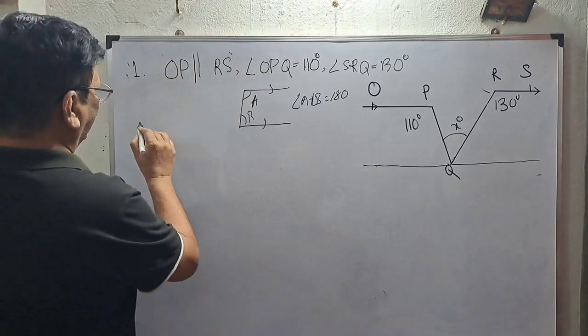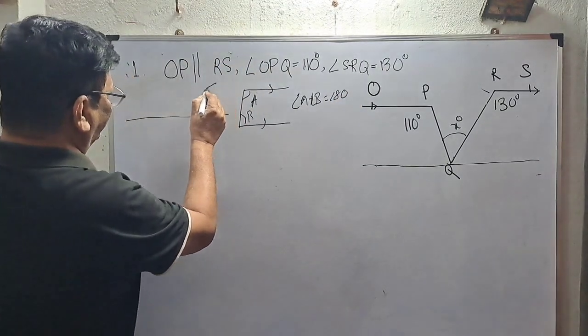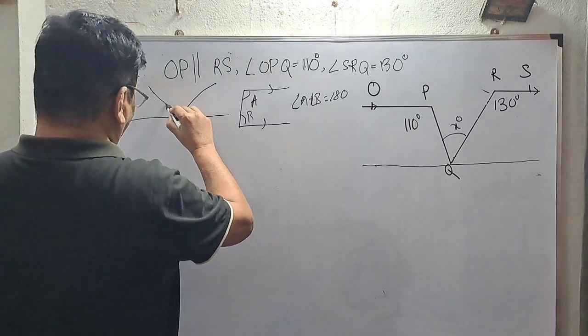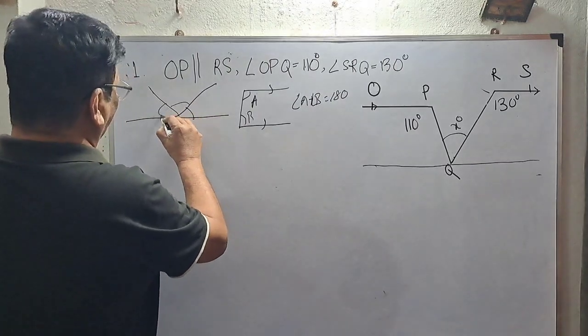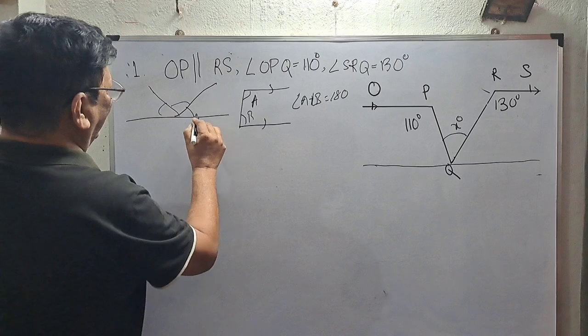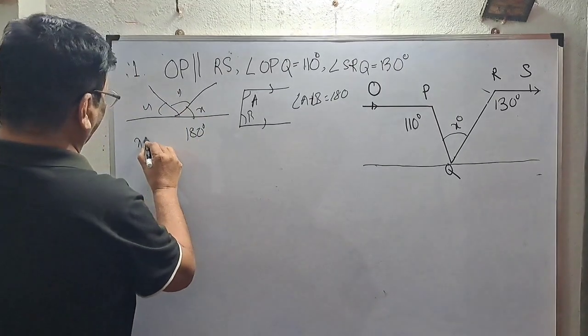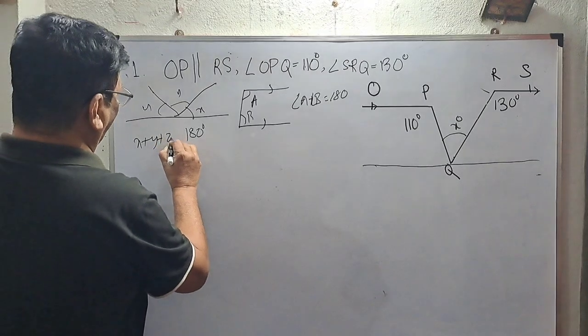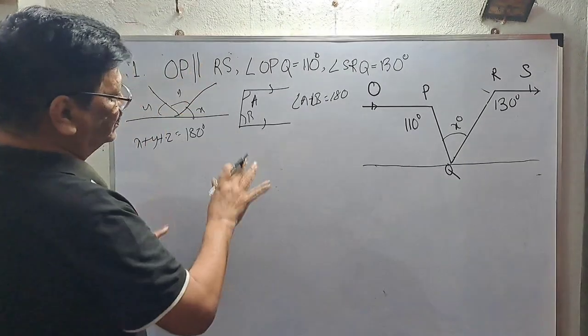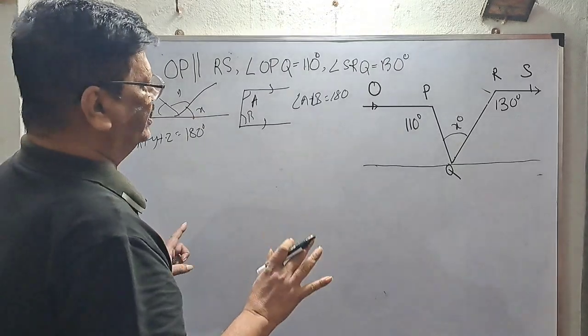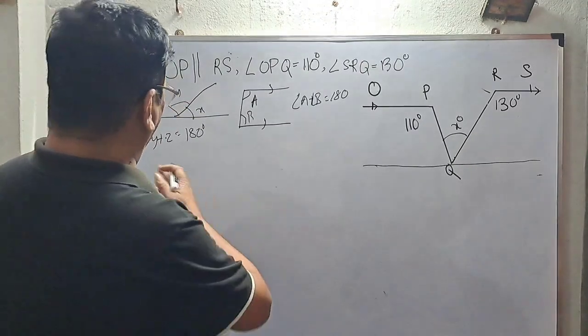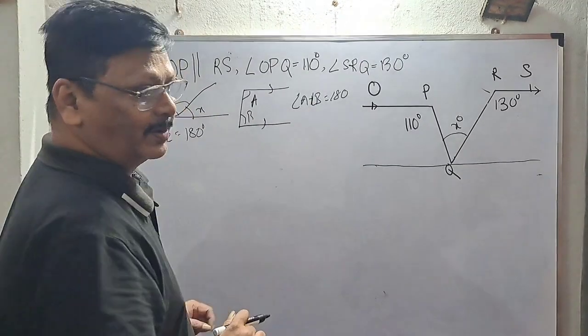We'll also use angles lying on the same straight line, like this. They add up to 180 degree. X, Y, Z, they add up to 180 degree. So we'll use these two properties of parallel lines and straight lines to solve this problem, correct?